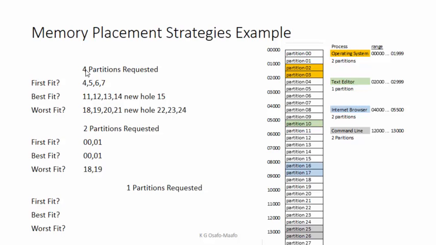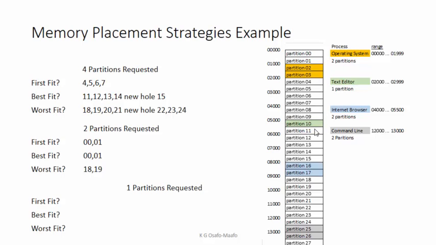If I want 4 partitions, first fit means that I'm going to go from beginning to the end, and the first space I find that would be contiguous where I can put my data, I place it there. So for 4 partitions, here's my first fit: 4, 5, 6, and 7. For best fit, the idea is to find the space. There are 3 big spaces: 4 to 9, 11 to 15, 18 to 24. Find the space that is closest in size.